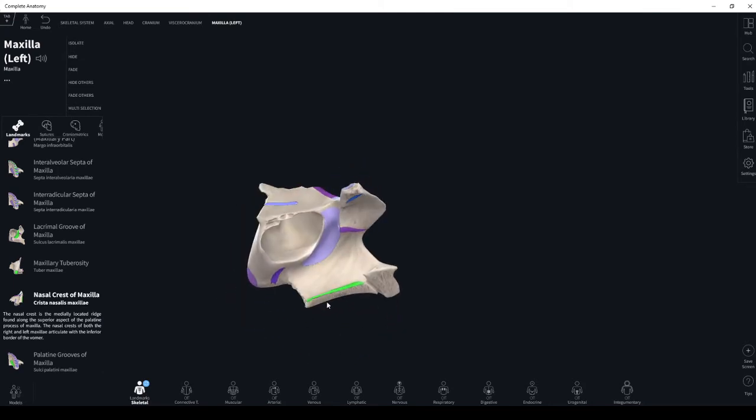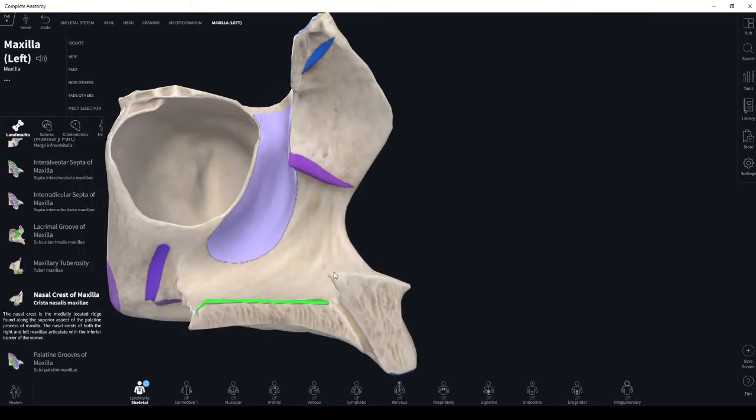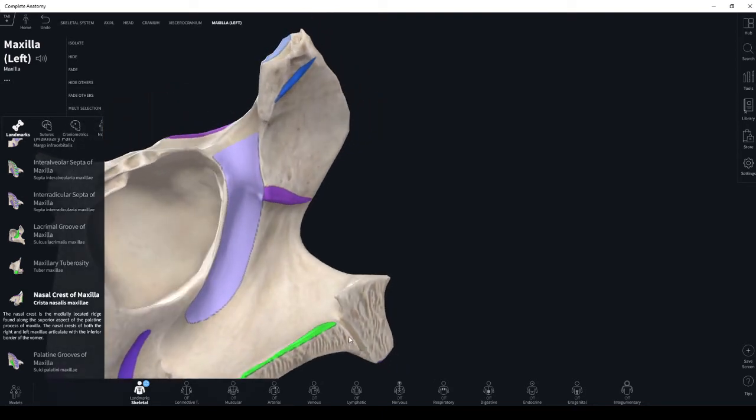It is the nasal crest, which fuses together with the anterior nasal spine and posterior nasal spine, and between them you can see the canal. It is half of the canal. From the opposite side it will be paired, the right maxilla, to form the canal which is called the incisive canal.